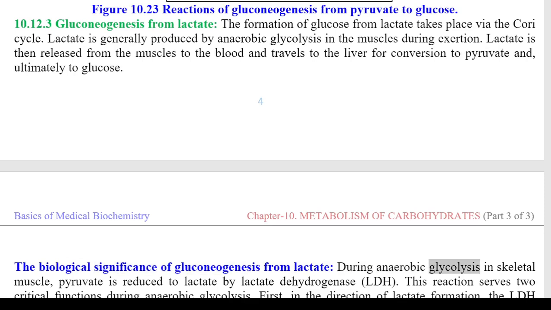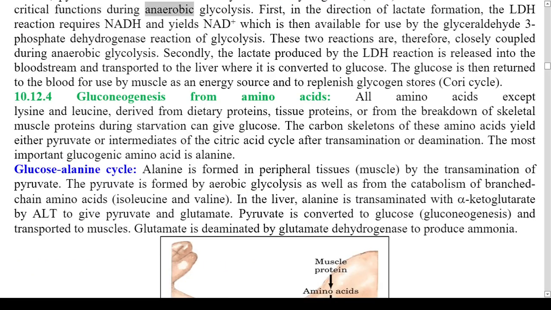During anaerobic glycolysis in skeletal muscle, pyruvate is reduced to lactate by lactate dehydrogenase, LDH. This reaction serves 2 critical functions during anaerobic glycolysis. First, in the direction of lactate formation, the LDH reaction requires NADH and yields NAD+, which is then available for use by the glyceraldehyde 3-phosphate dehydrogenase reaction of glycolysis.